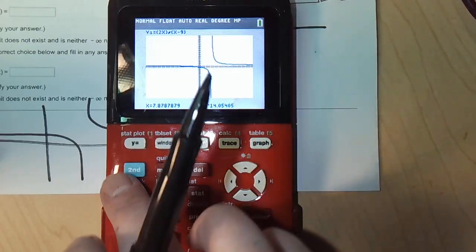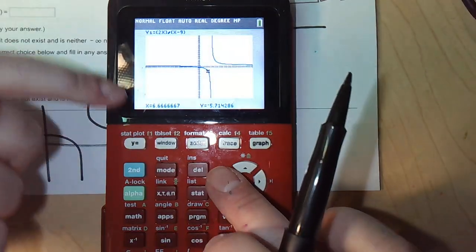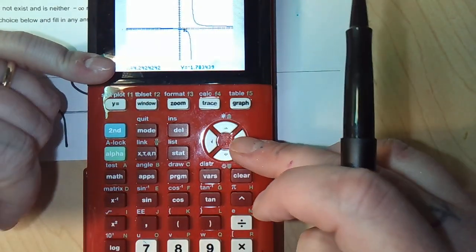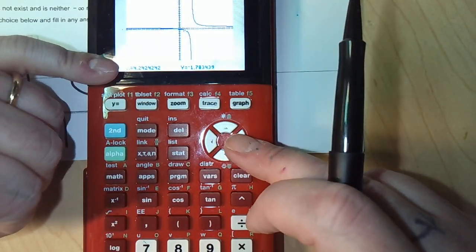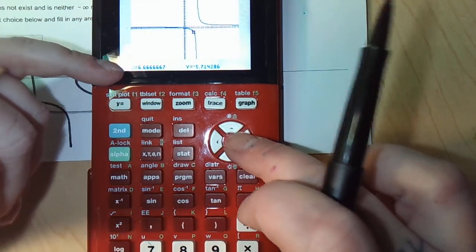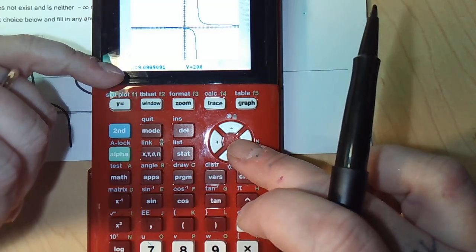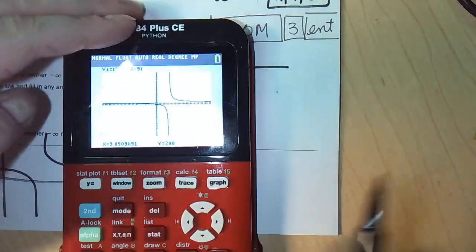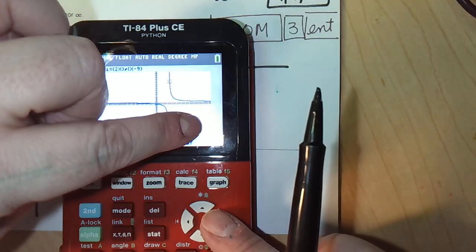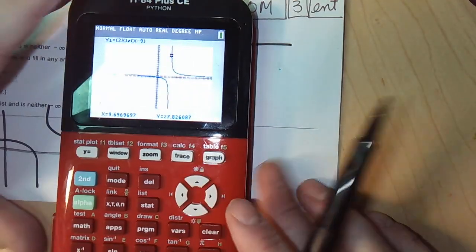If we press trace and then keep pressing the right-hand arrow button, you can see the x values say 4, 5, 6, 7, 8, 9, and then the cursor jumps to this other piece of the curve, and you can see that the x value is really close to 9.